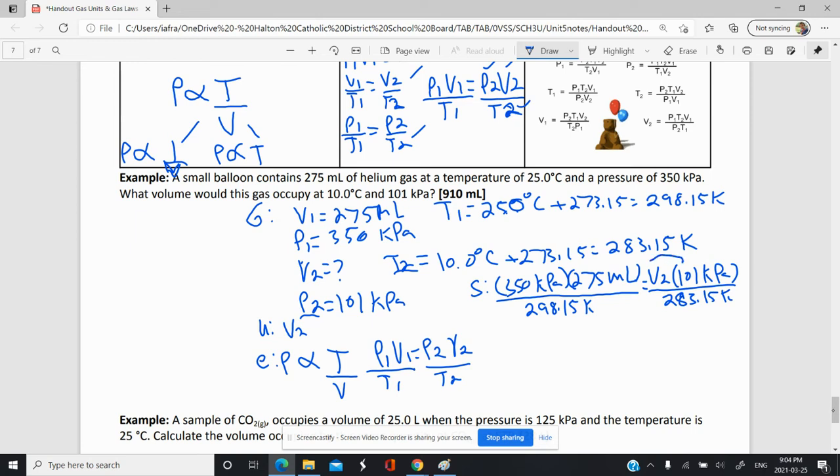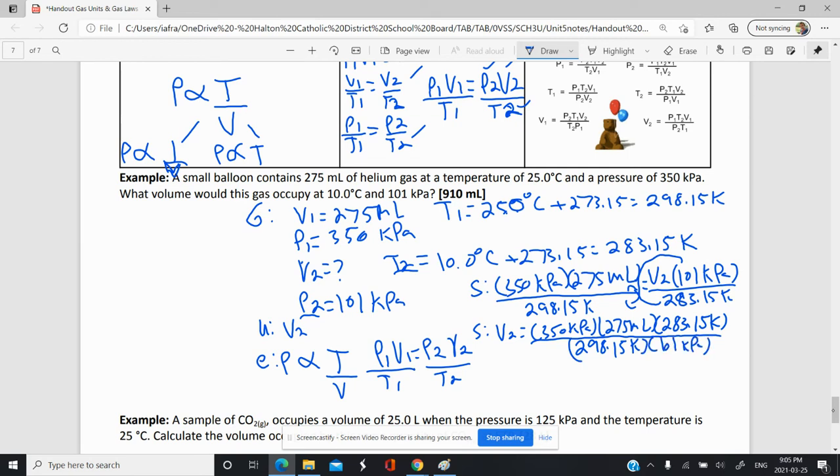So sending this to the other side to become a division and sending this to the other side to become a multiplication, we're going to have V2 is equal to 350 kPa times 275 milliliters times 283.15 Kelvin over 298.15 Kelvin times 101 kPa.